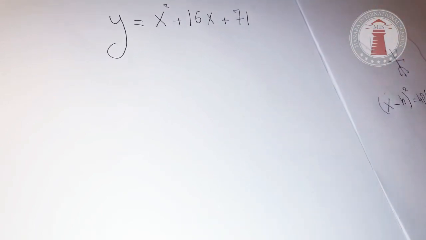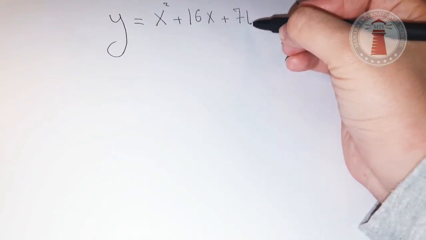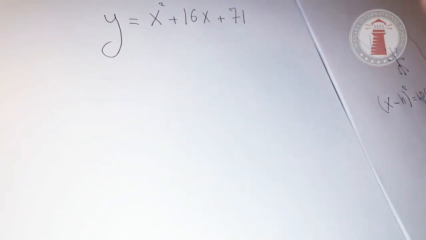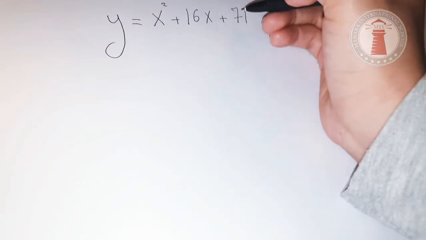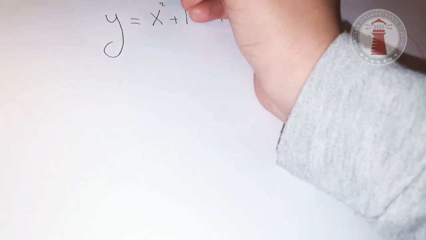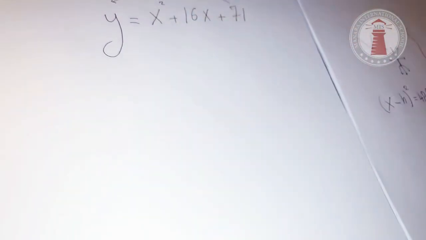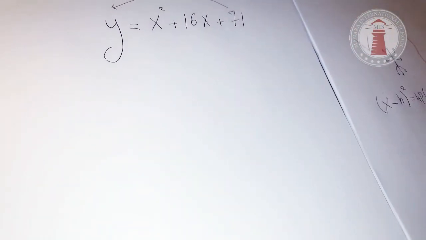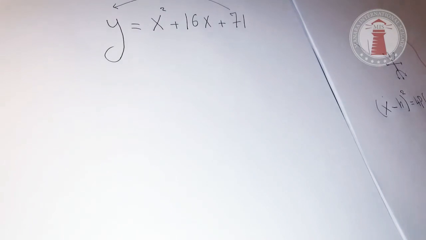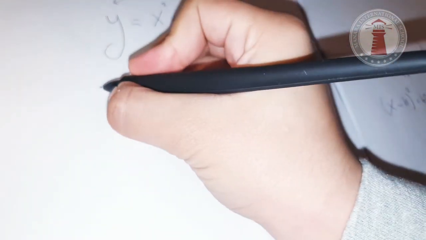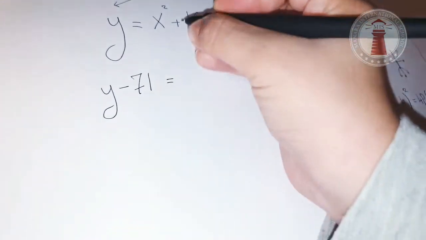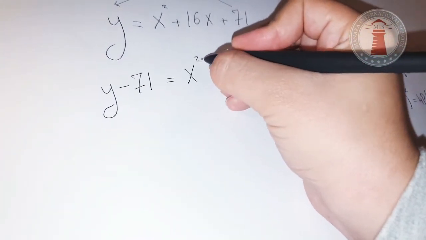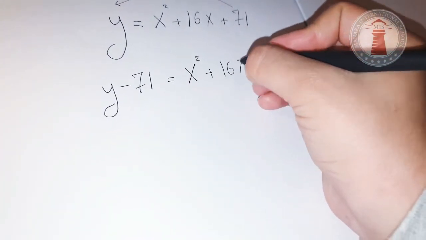The first thing we need to do is get rid of the constant we have here, which is 71. So we take it to the other side with an opposite sign. We'll have y minus 71 equal to x squared plus 16x.